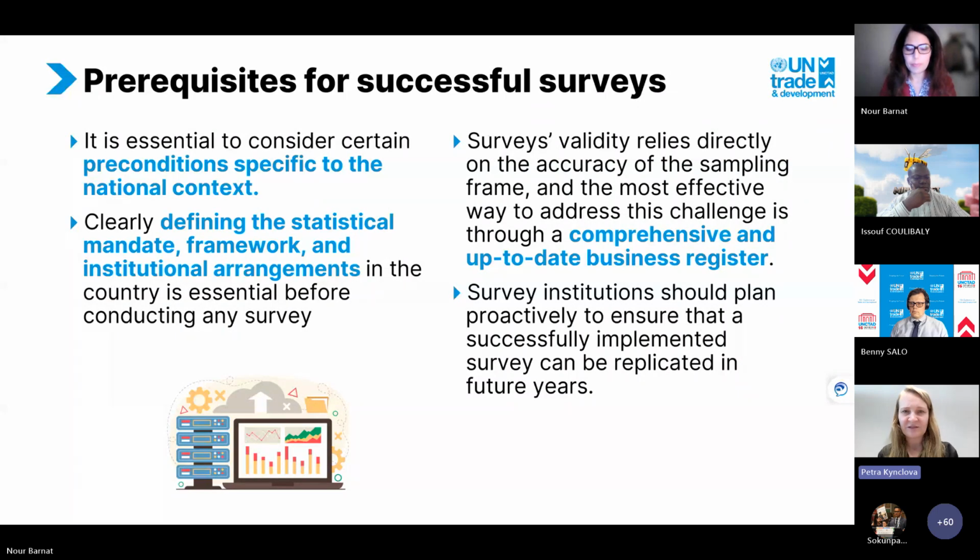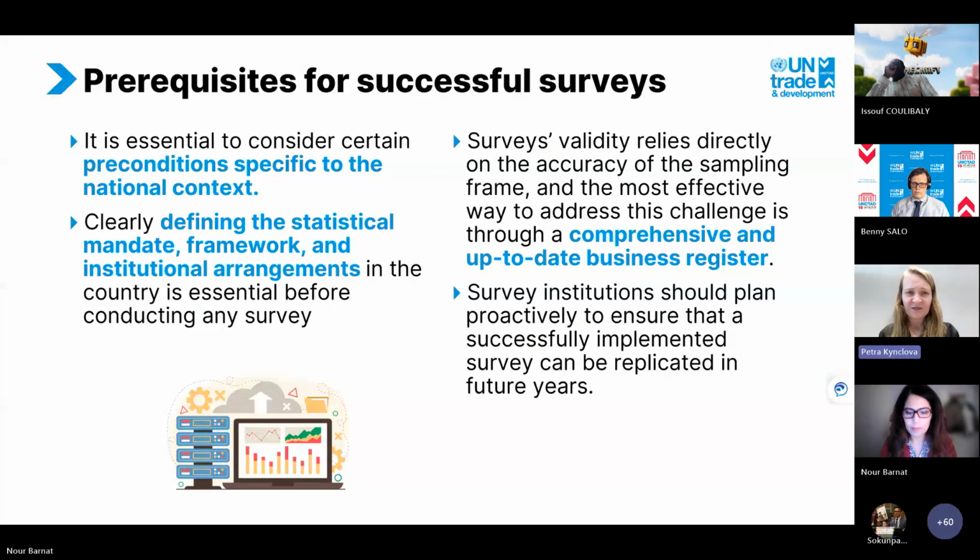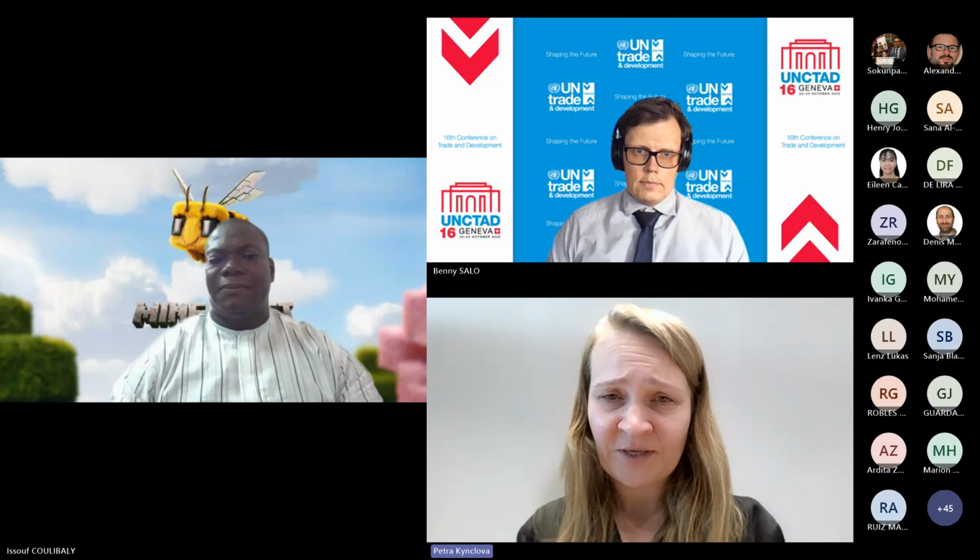Each country is different, so it's important to think about the national context first, especially to clearly define the statistical mandate, framework, and also the institutional arrangements in the country before starting the survey. What is also very important is to have a comprehensive and up-to-date business register, which is the basis for the validity and accuracy of the sampling frame.